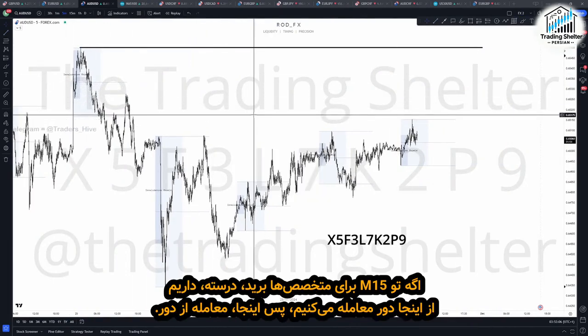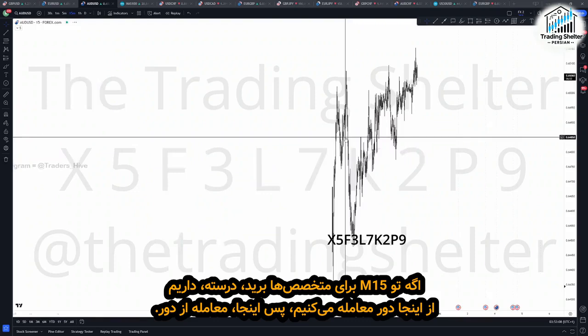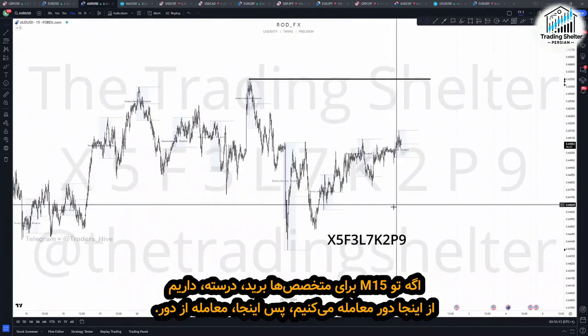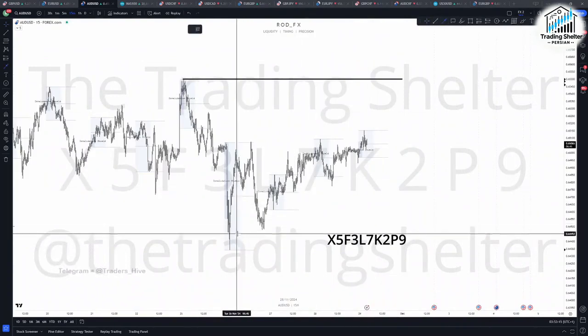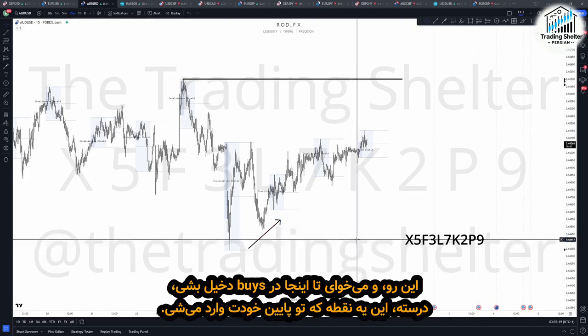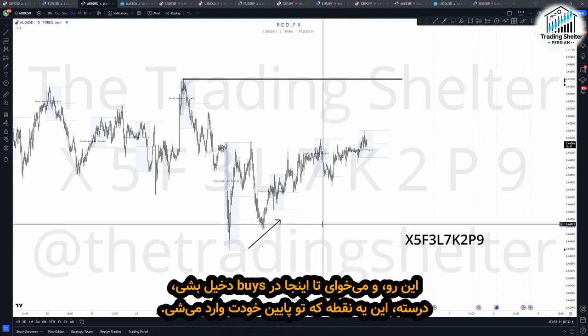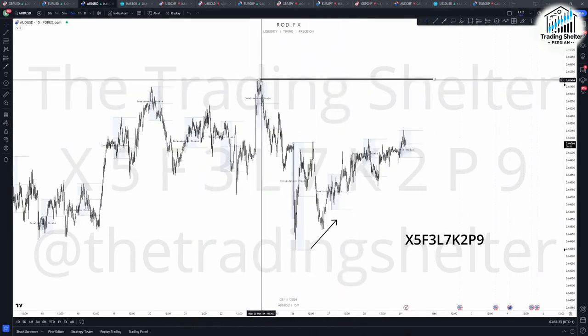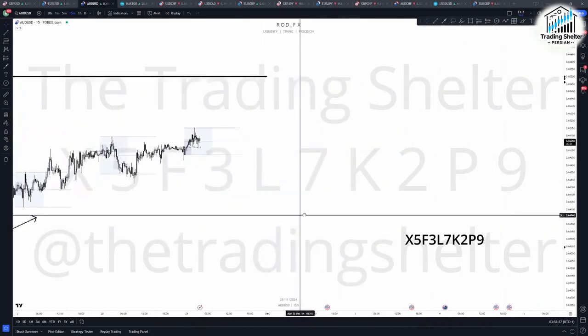If you go on M15 for the experts, right? We're trading away from this here. So here, trading away from this. And you want to be involved in buys until here, right? This is a point that led to the new low.